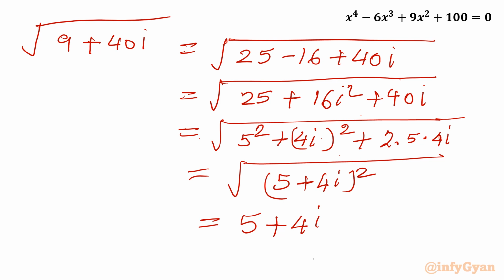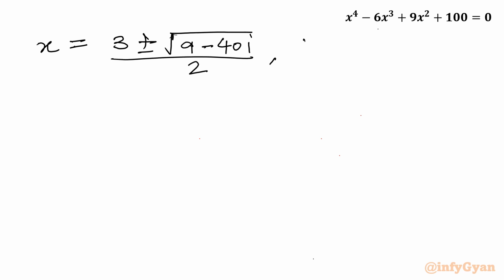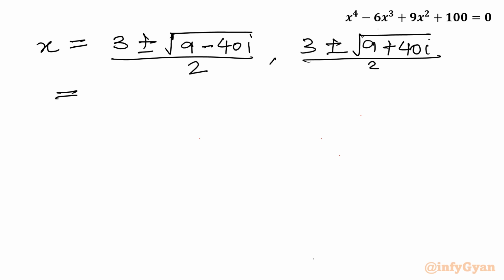So let us put this value to our solution part. So I will be writing now both the values. So let me write here x is equal to 3 plus minus square root of 9 minus 40i over 2. This was the solution. And 3 plus minus square root of 9 plus 40i by 2. Let us put both the values. 9 minus 40i, this value was 5 minus 4i, divided by 2.